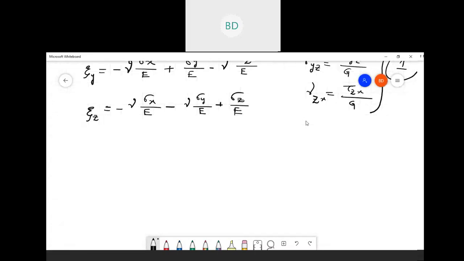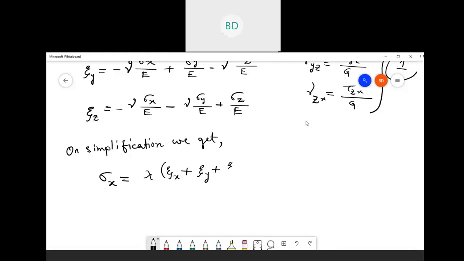On simplification, we get sigma x is equal to lambda into epsilon x plus epsilon y plus epsilon z plus mu into epsilon x, and tau xy is equal to G into gamma xy.